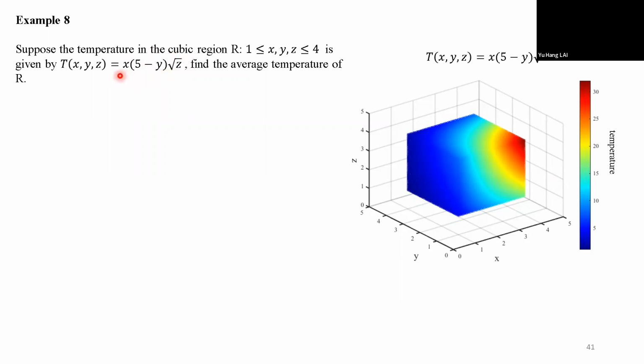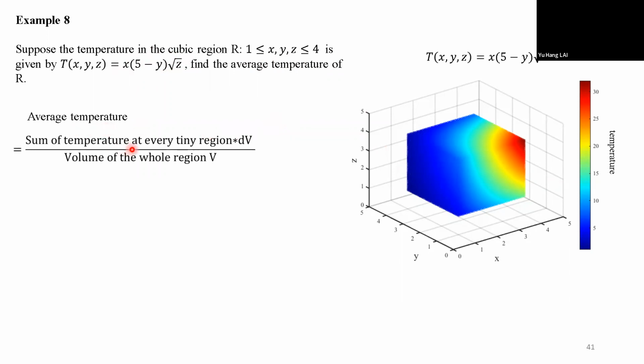Now, if I want to find the average temperature of this region R, what do I need to do? I consider every tiny region dV of this room, measure the temperature at that region times dV, do it over again, and then divide this by the volume of the entire room.